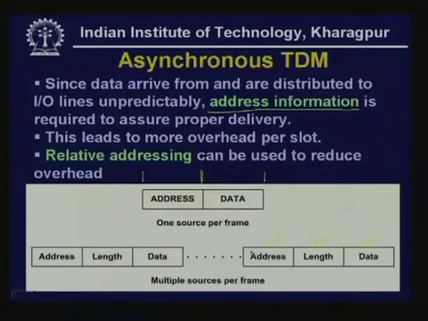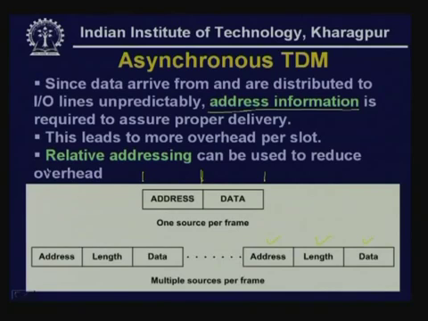That was not so in synchronous time division multiplexing. There the number of bits to be taken was fixed and the slot allocation was fixed. Here it is not so. So, this additional information that needs to be sent through the transmission media has to be minimized.